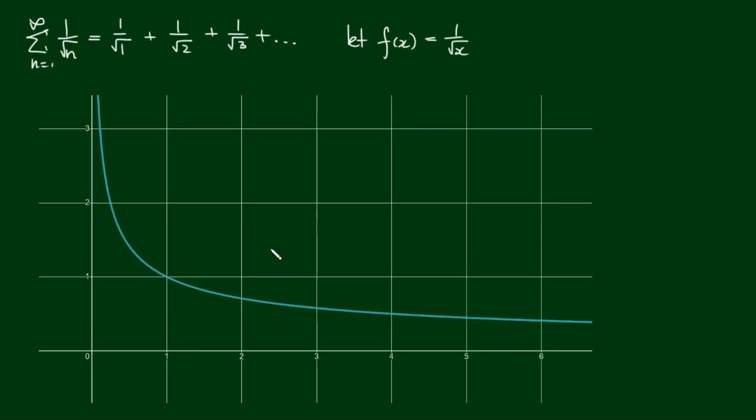So a chart of this function is shown here, where the curve is the function f of x equals 1 on the square root of x. This time I'm going to draw the rectangles that correspond to the terms of the series. I'm going to draw the rectangles above the curve. So here we have 1 on root 1.